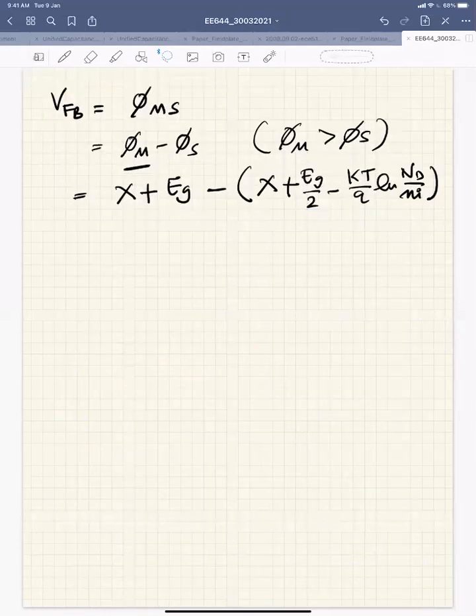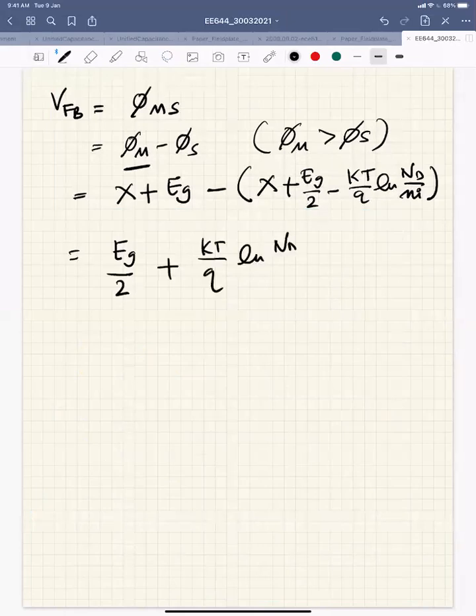So here this will be Eg by 2 plus kT by q ln Nd by Ni. So this is your flat band voltage for a PMOS transistor, right?